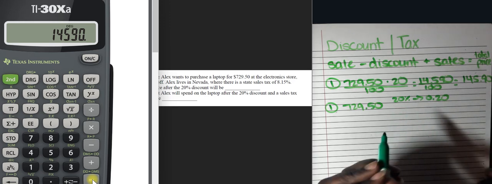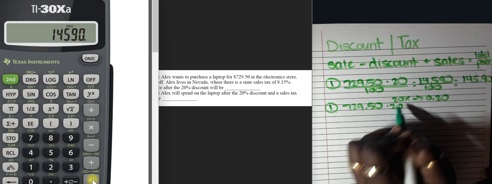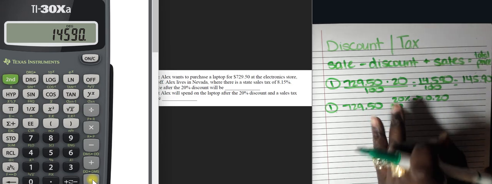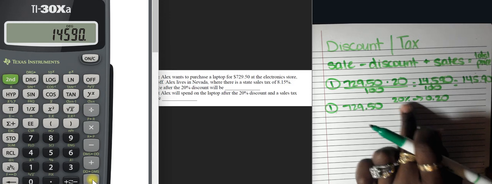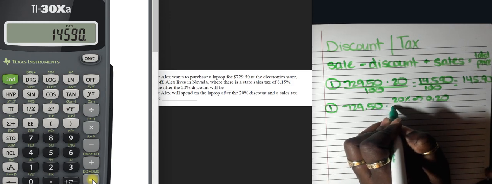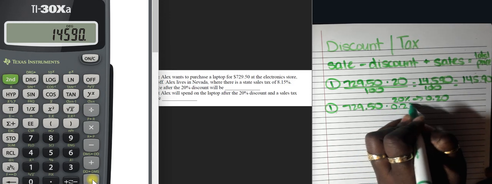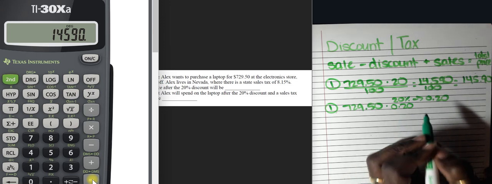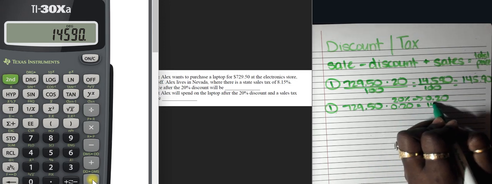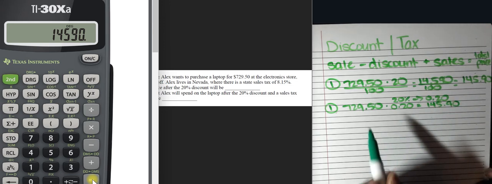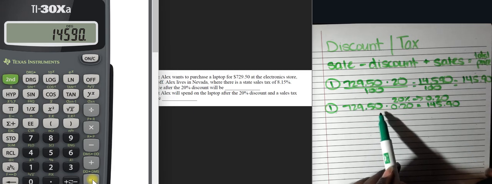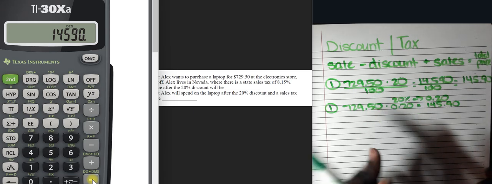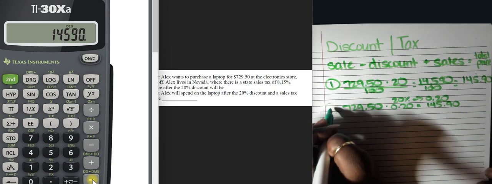So we just multiply that by 0.20, and what we come out with is the same thing: 145.90. The only difference is you didn't have to divide like we did in the first one.